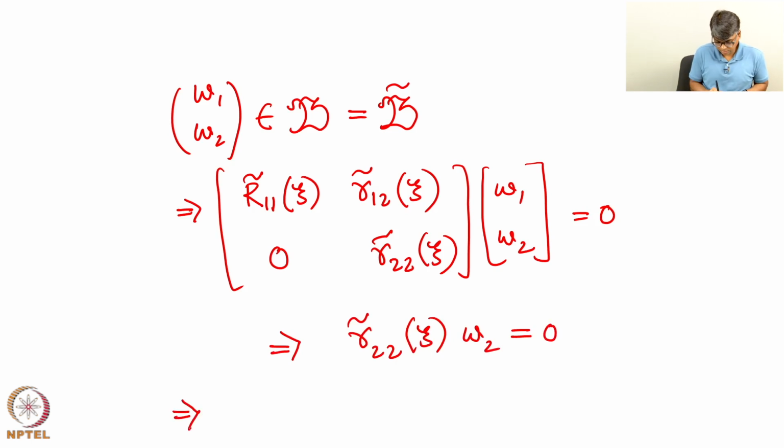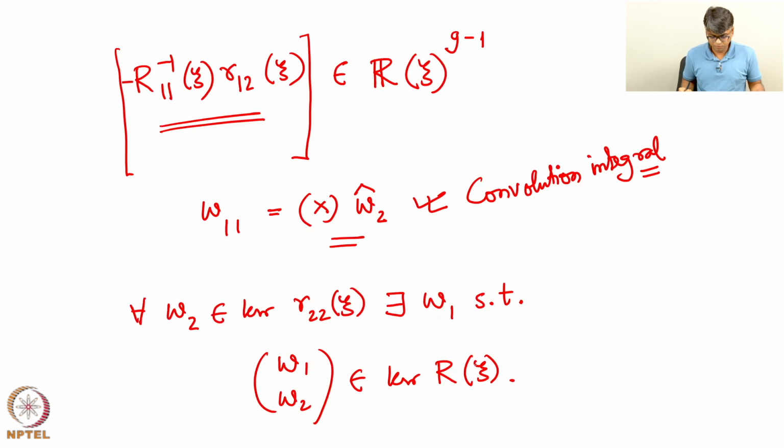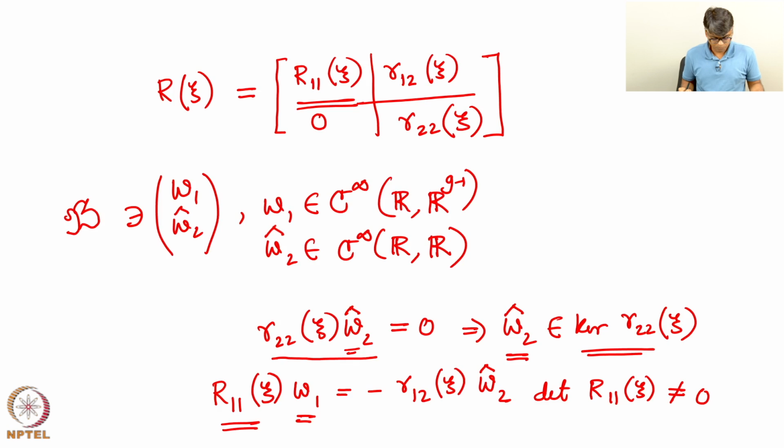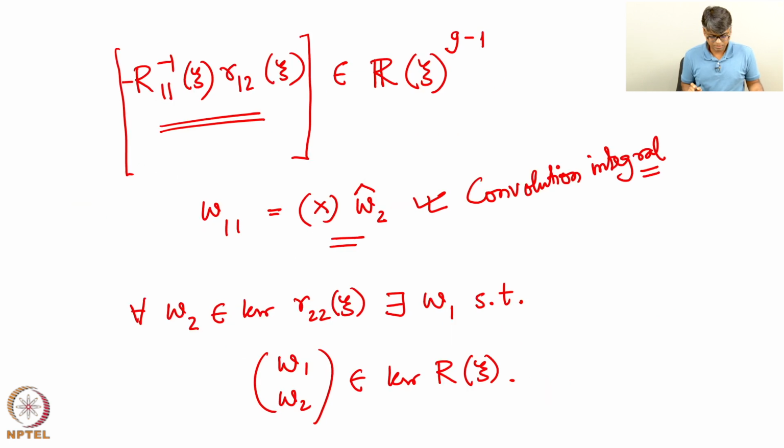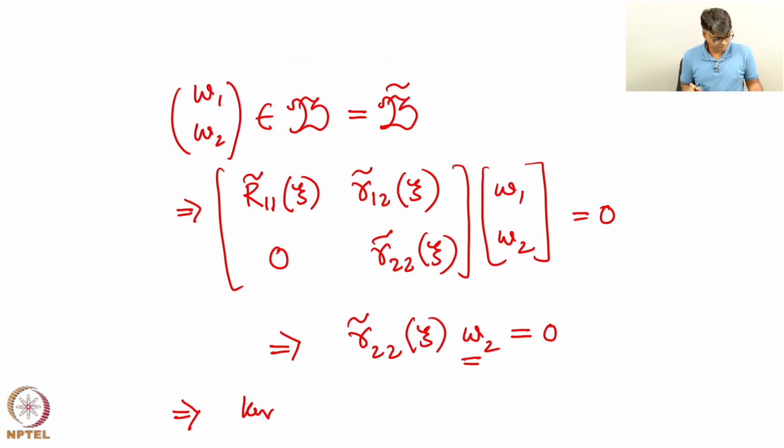What does that mean? Remember where w2 came from? We started with assuming that w2 satisfies this equation. So, w2 hat was in the kernel of R22. So, this essentially means the kernel of R22(ξ) is contained in the kernel of R22 tilde(ξ).